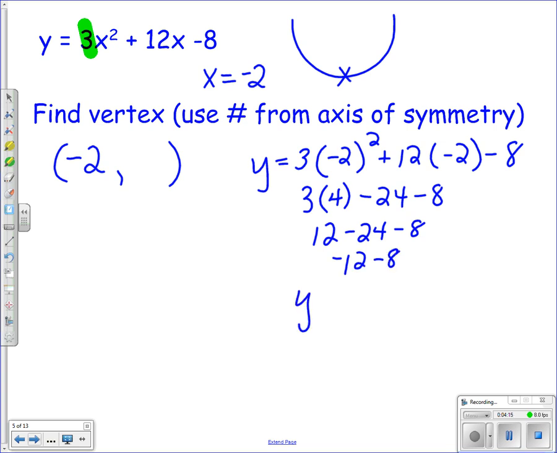So it tells us y is equal to a negative 20. So our y coordinate of our vertex is a negative 20, and both the x and the y as an xy pair is our vertex. We now know that our vertex is at the point negative 2, negative 20.